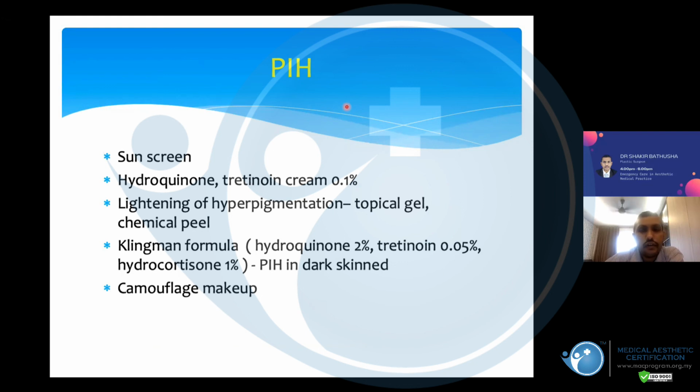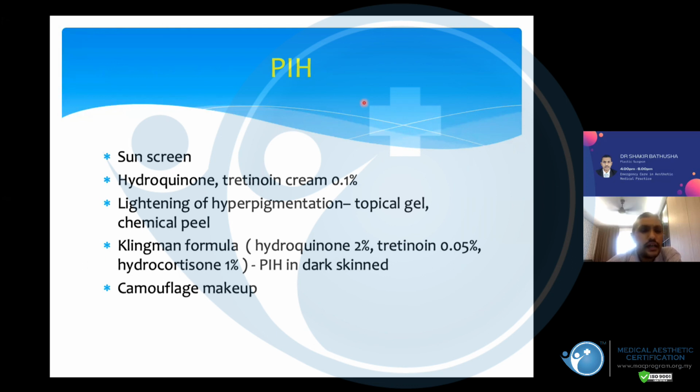So in order to prevent post-inflammatory hyperpigmentation, you always advise the patient to apply sunscreen, sun protection. Sometimes you can try bleaching, hydroquinone creams, tretinoin creams, some lightening treatment like topical gel. In certain areas, you can actually try chemical peel, but it all depends on the patient's skin type, right?